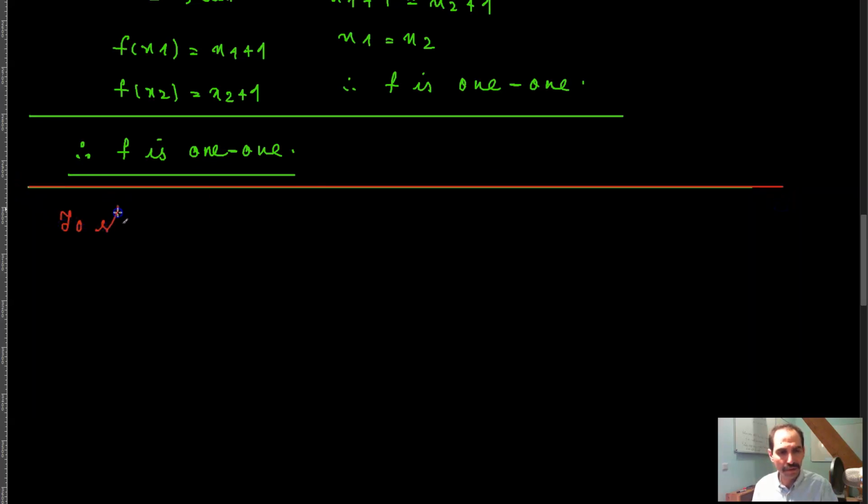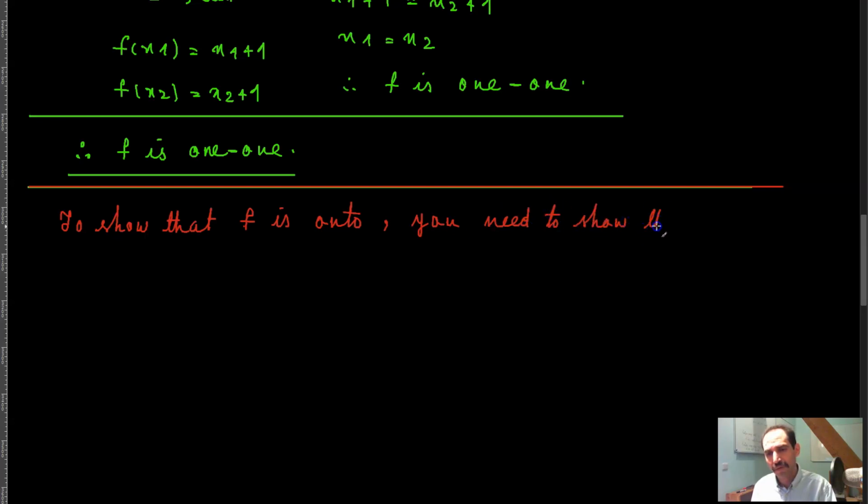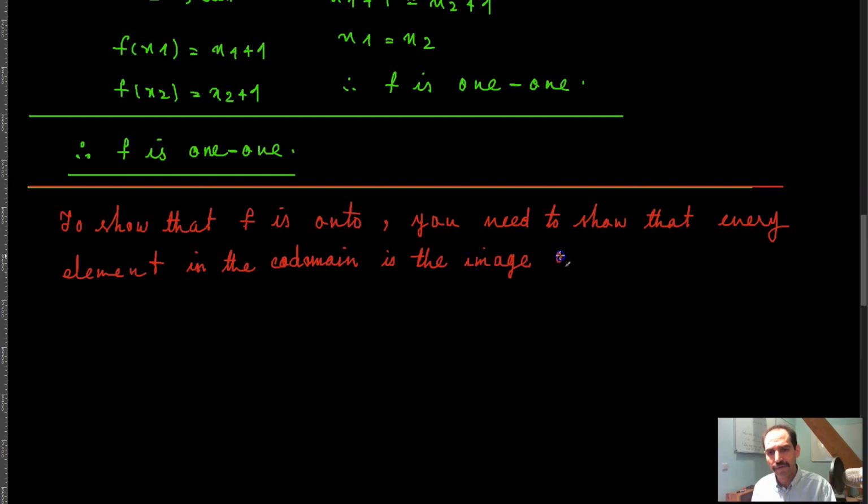Now to show that f is onto, you need to show that every element in the codomain is the image of some element in the domain.